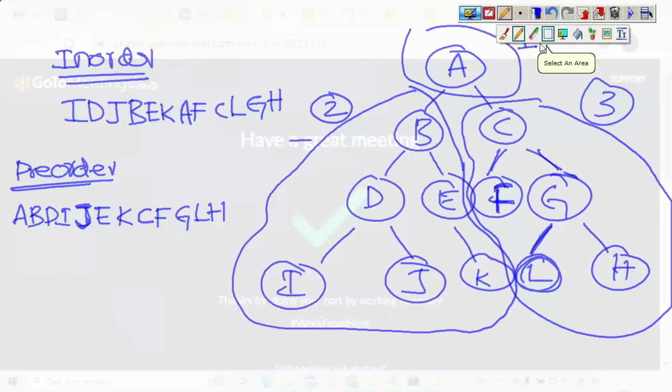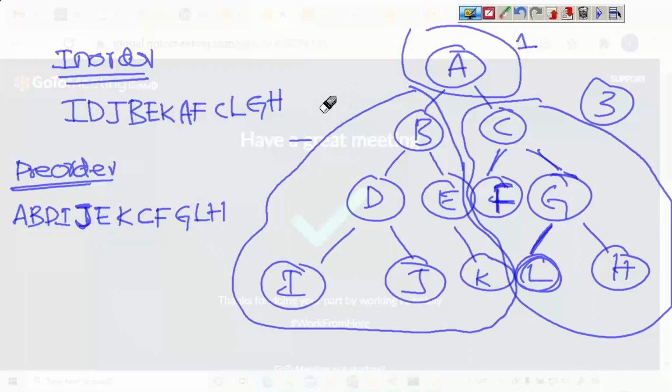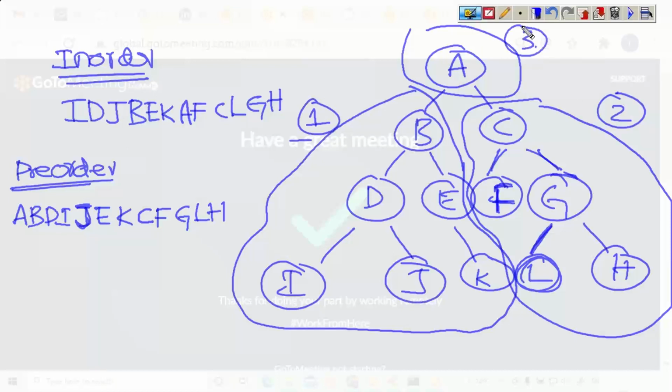Come to the post-order. If it is a post-order, this is the first, this is the second, this is the third. So post-order, first left is coming.